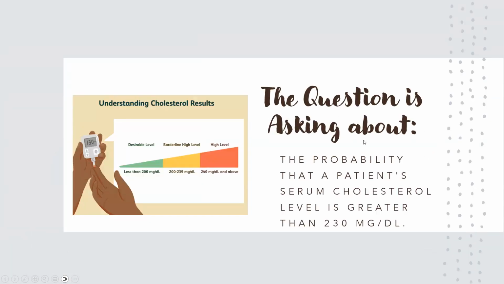The question is asking about the probability that a patient's serum cholesterol level is greater than 230 milligram per deciliter. Less than 200 milligram per deciliter is the desirable level. 200 to 239 milligram per deciliter is the borderline high level. And 240 milligram per deciliter and above is considered a high level.